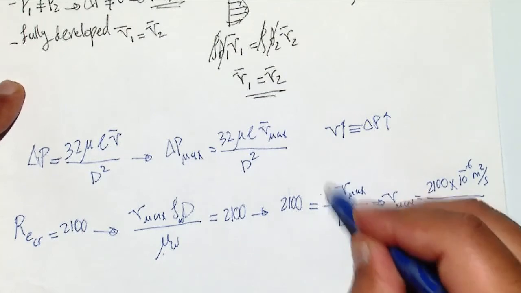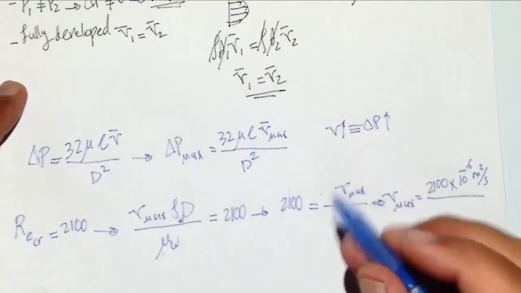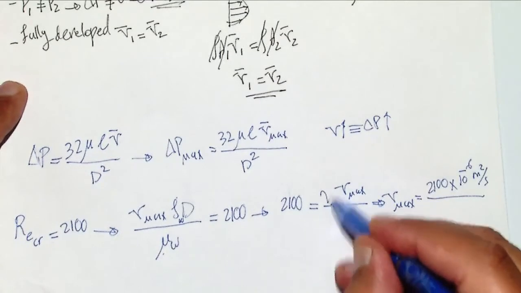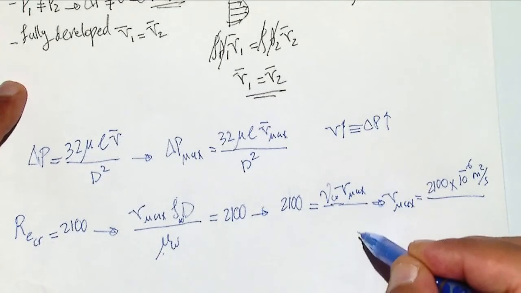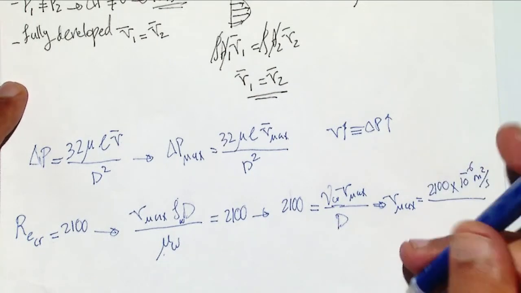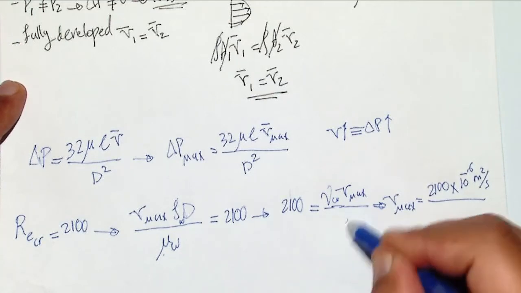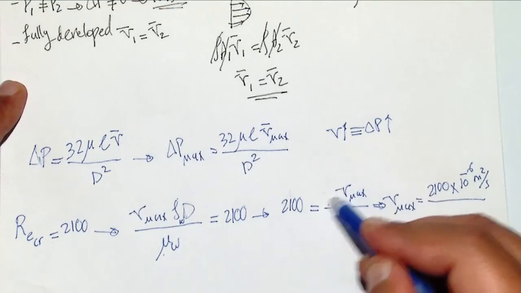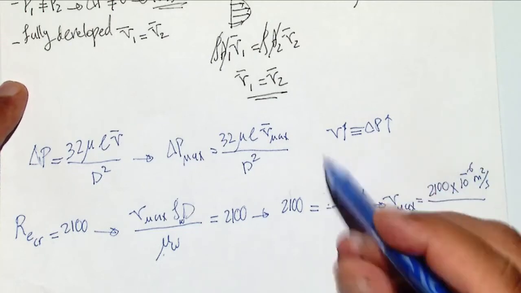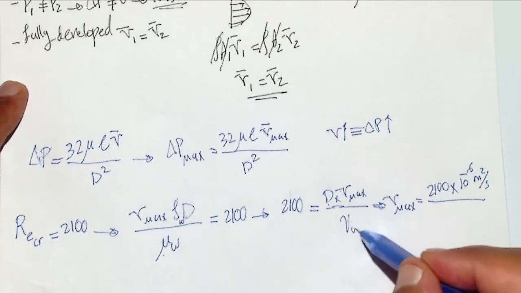So the Reynolds number is equal to rho V D over mu, so D has to be on top, and mu over rho is nu, so it's going to be the diameter of the pipe times the maximum velocity over nu of water, right?